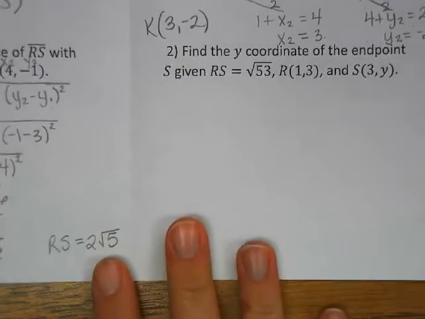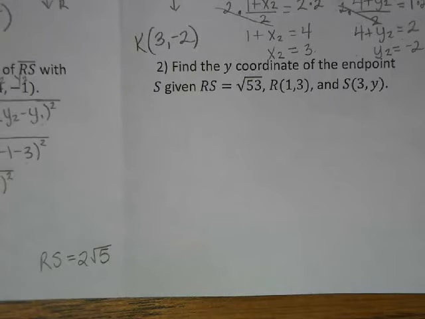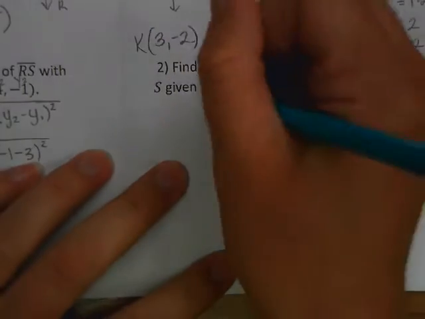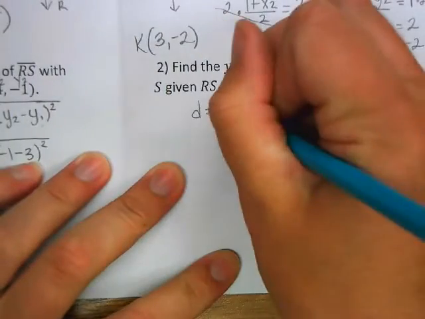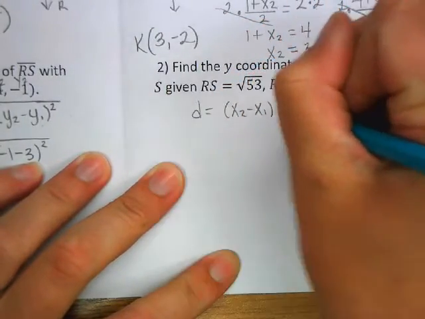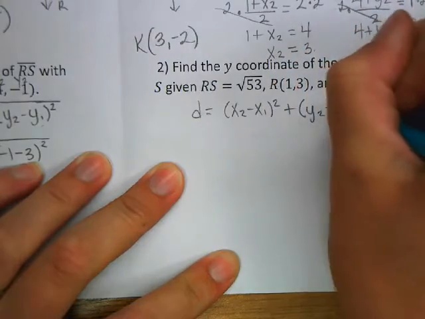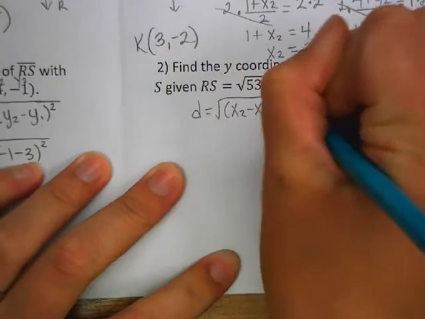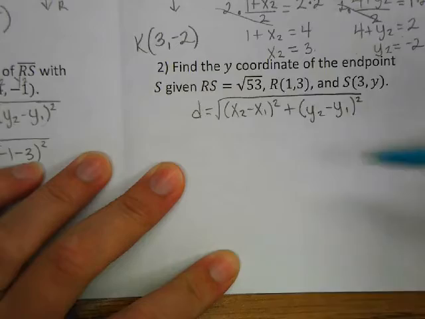And then number 2, for the distance formula, this time we're given the distance. We know the distance is the square root of 53. We are given endpoint R and part of endpoint S. We know that the x coordinate of S is 3, but we don't know the y coordinate. So we're still going to use the distance formula. So you can start out by copying it. And then you can start substituting in values.